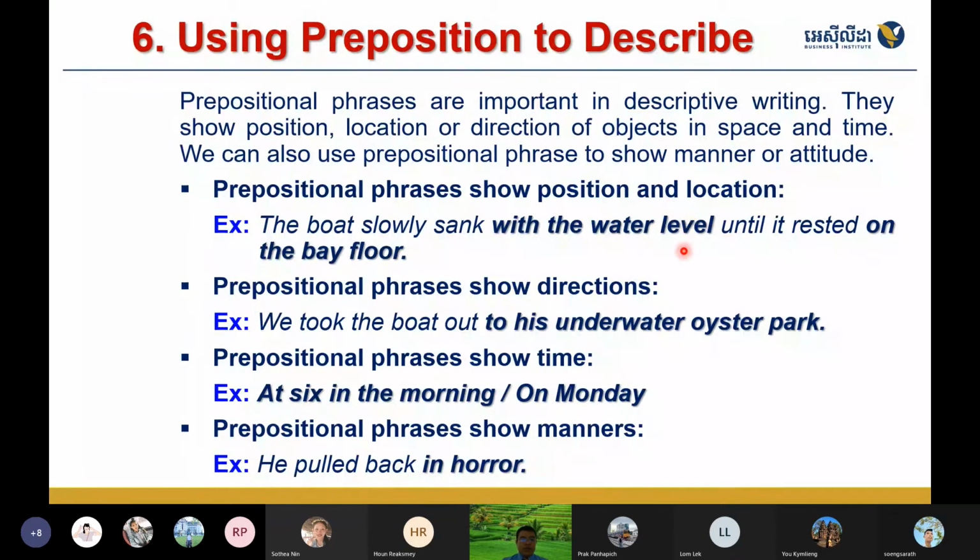Example: the boat slowly sank within the water level until it rested on the floor. Prepositional phrases show direction. Example: we looked at the boat out to the underwater oyster park. Prepositional phrases show time. Example: at 6 in the morning or on Monday. Prepositional phrases show manner. Example: He pulled back in horror.